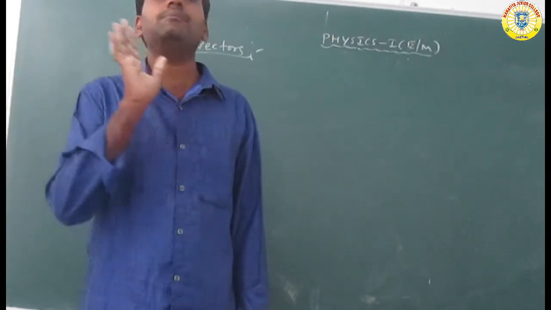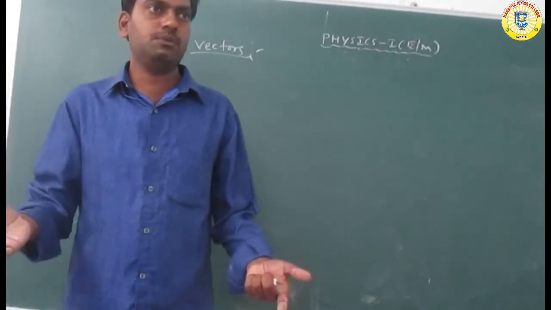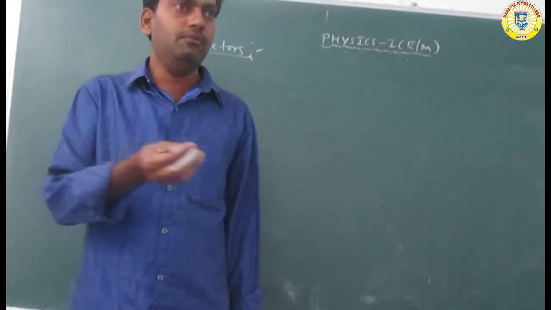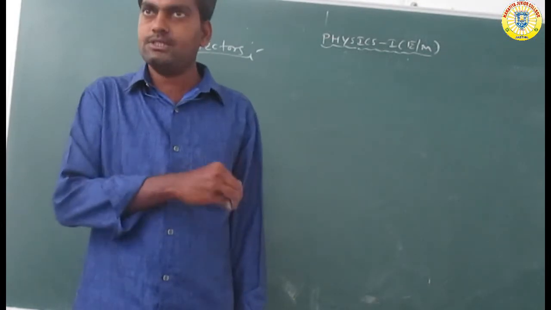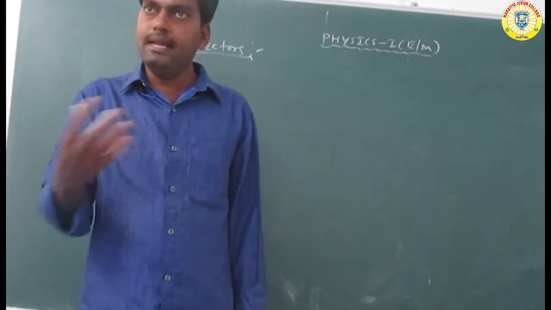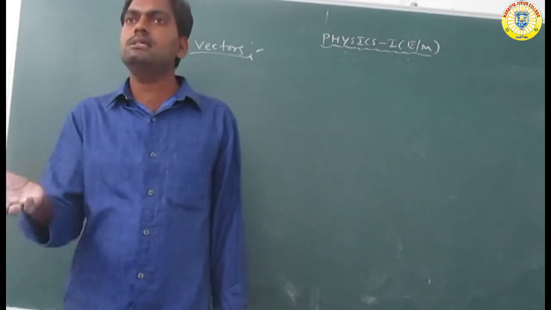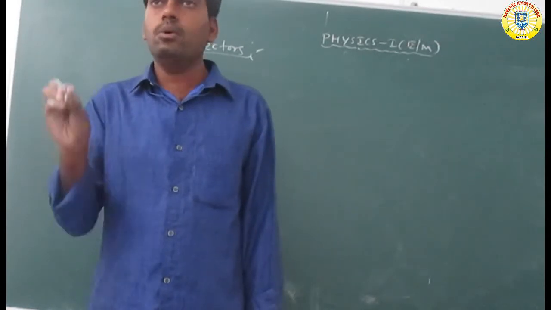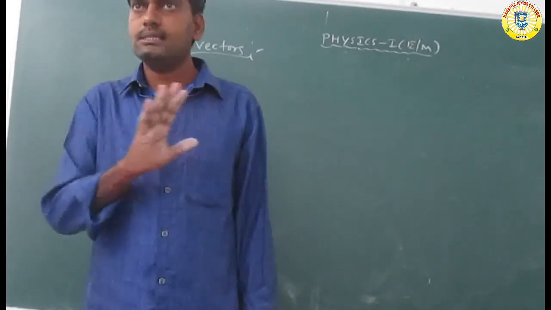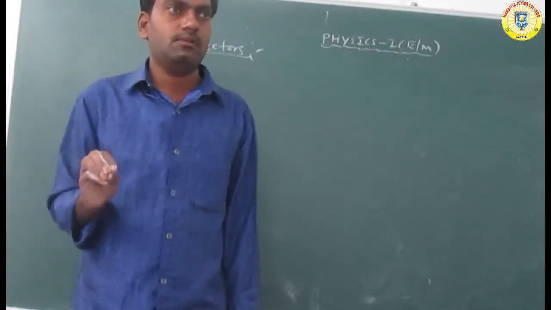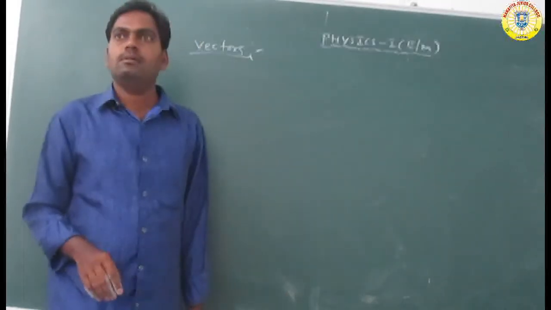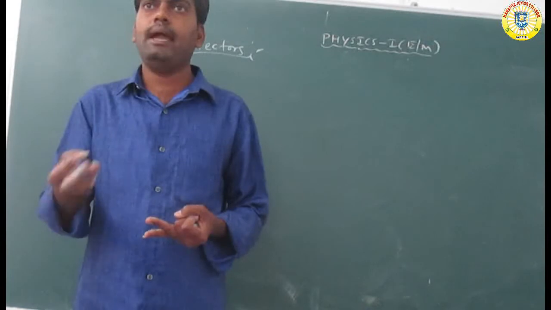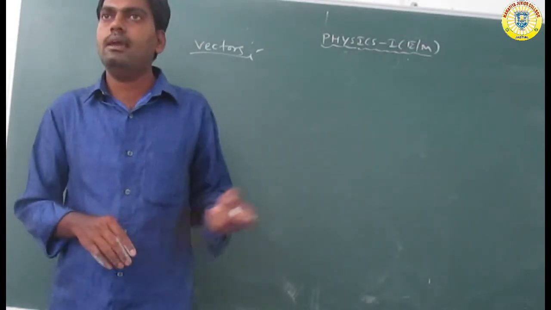For example, time: time has no direction, but it has magnitude. For example, weight has no direction, and heat has no direction. So these physical quantities are called scalars. Scalars have only magnitude but no direction. So what is the meaning of vectors? Magnitude and direction is called a vector.